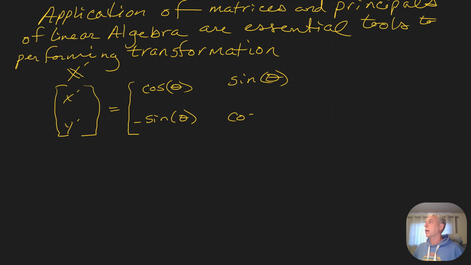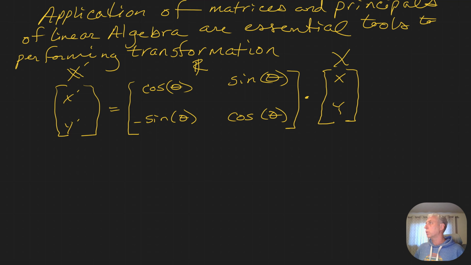And this is called the rotation matrix, and that's multiplied by my original coordinates, x and y, which I call the x matrix. We will call it that for this class. So x prime matrix, rotation matrix, and the x matrix.